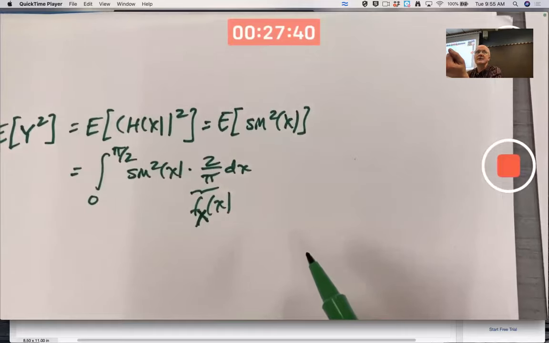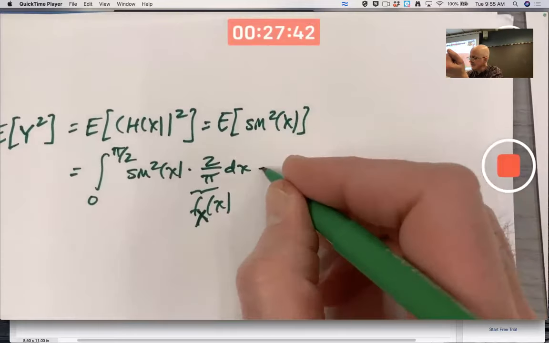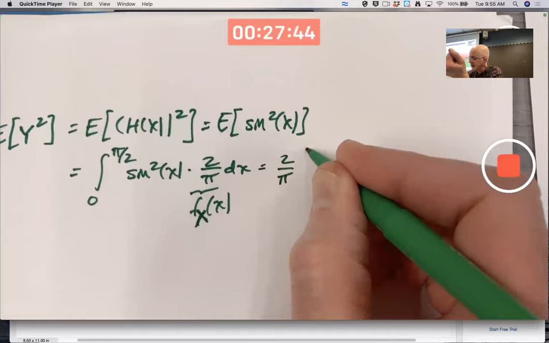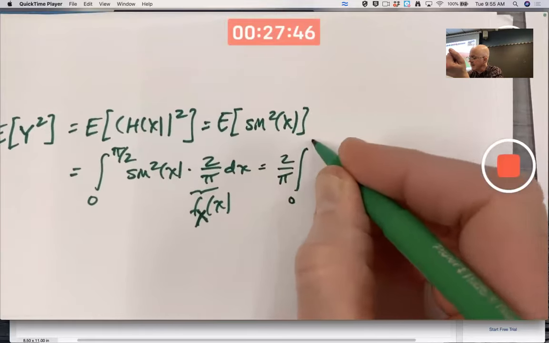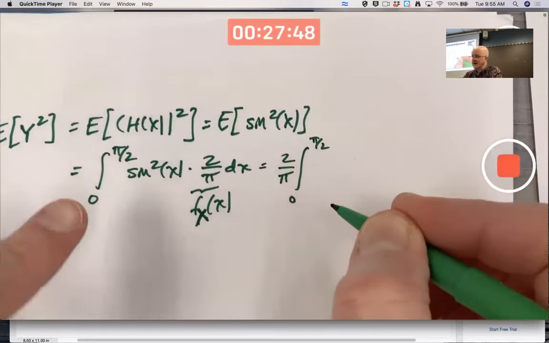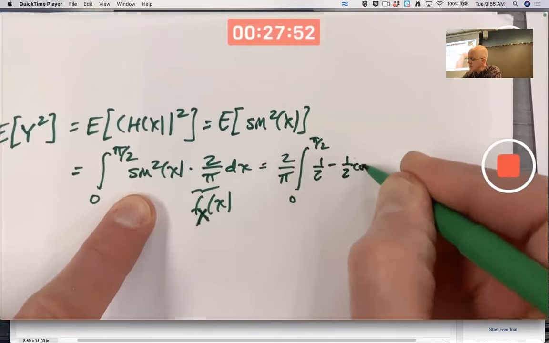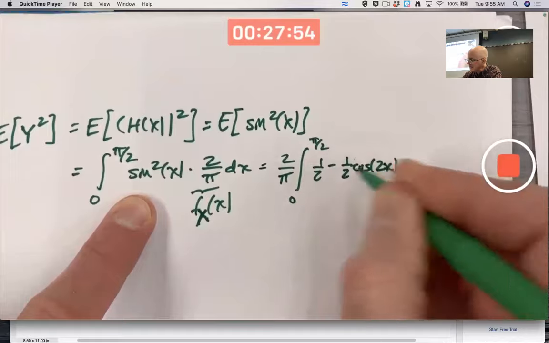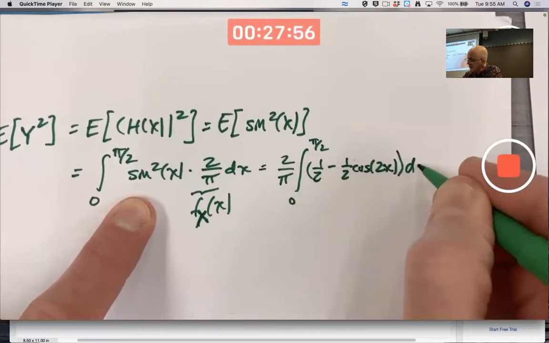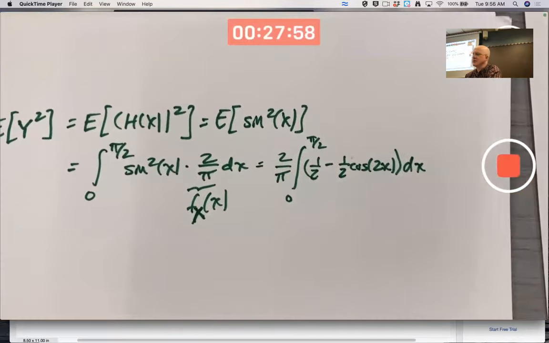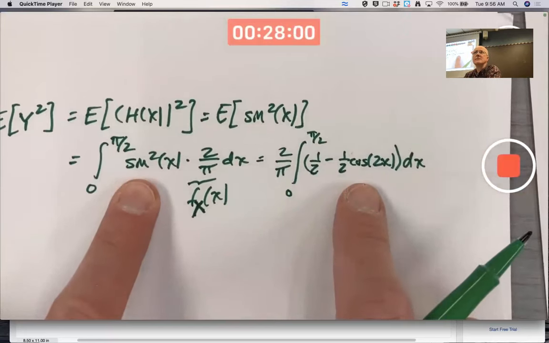I like doing it by using a trig identity. And this is what I teach my Calc 2 students if you're tutoring them in math lab. Sine squared x is the same as 1/2 minus 1/2 cos 2x. Just a trig identity to say those are equal.